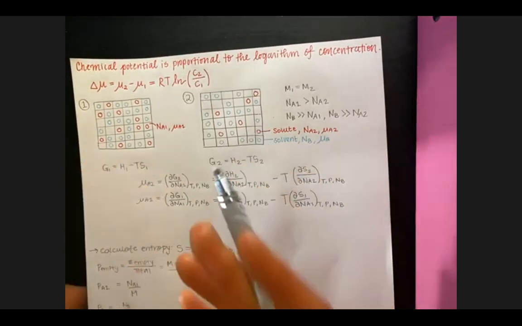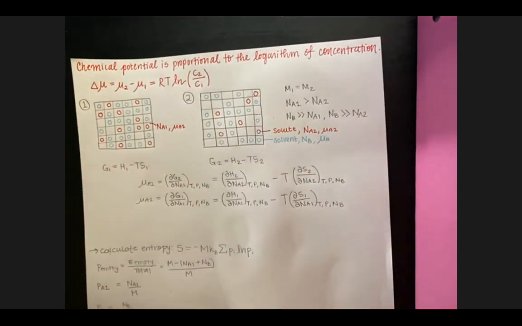It just doesn't look that way in the picture because I didn't draw like a million boxes. And the number of solvent molecules is going to be the same in both regions because they have the same volume and it's a dilute solution. In other words, if you add more solute, the solvent concentration is still going to be the same.